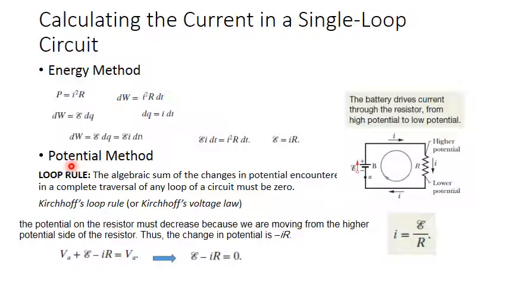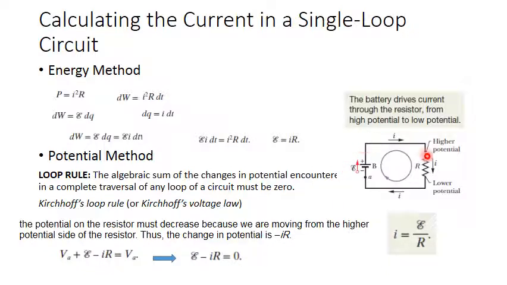From the point of view of potential difference, we have a rule called the loop rule. This loop rule states that the algebraic sum of the changes in potential encountered in a complete traversal of any loop of a circuit must be zero.